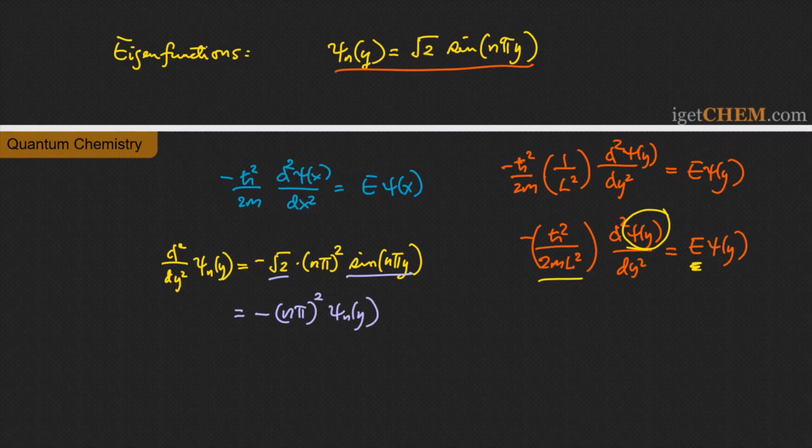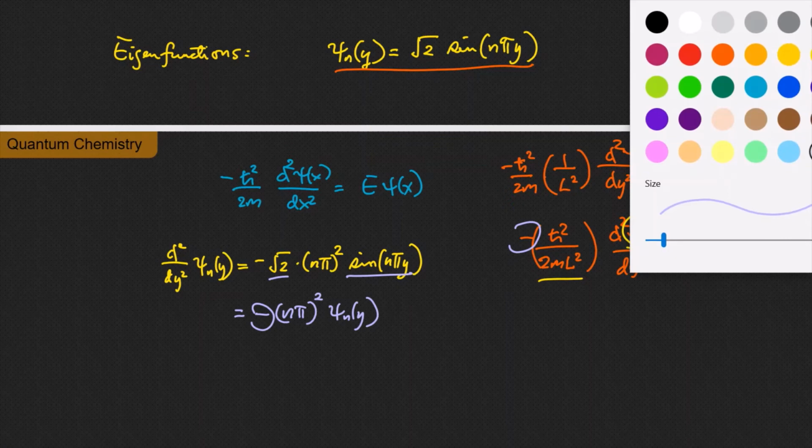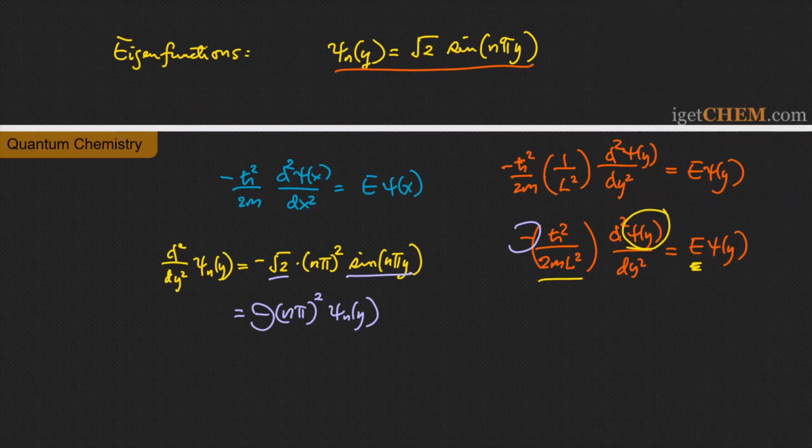So here is a negative on the outside, so that cancels this negative. So on the left side, what I have from this equation is now h bar squared over 2mL squared, and whichever is right there with the negative sign will give me n pi squared times psi n of y.